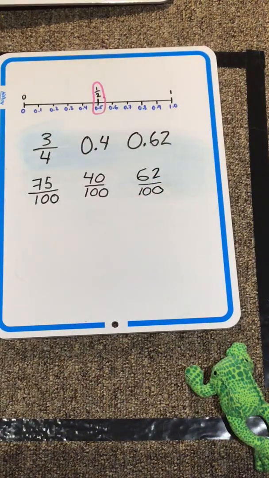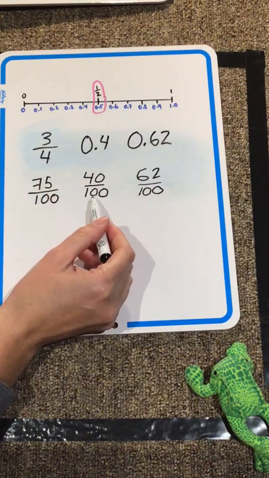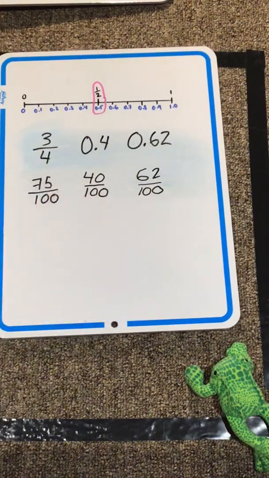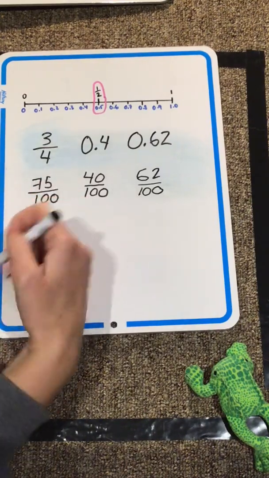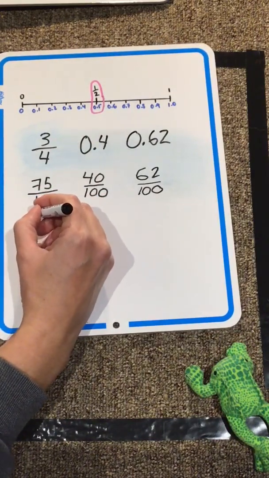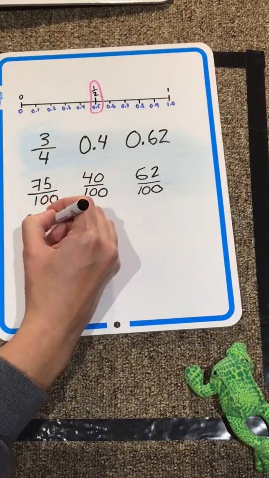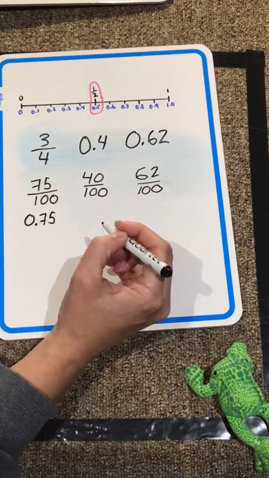So if I was asked to put that in order from least to greatest, I would know that 40 100ths is the smallest. I might be asked to turn them all into decimals first. Hopefully by this point it's starting to get really easy to take our hundredths and turn them into decimals, right? We know that this has to be less than 1, so we just write those numbers after the decimal point.